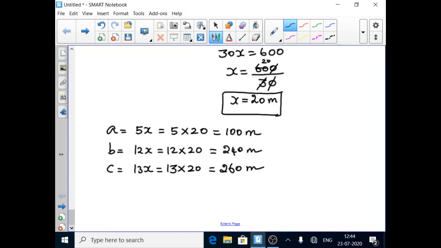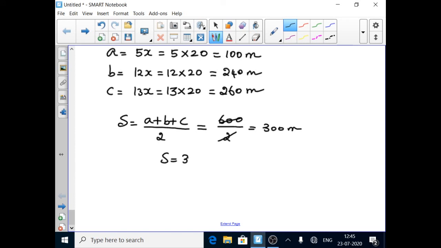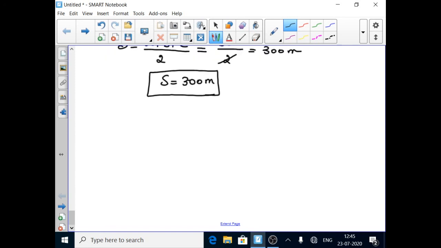Okay. So now ABC is known. S is equal to what? Not ABC, it is A plus B plus C divided by 2. The perimeter is A plus B plus C, so 600 divided by 2, you will get 300. So S is the value of 300 meter.